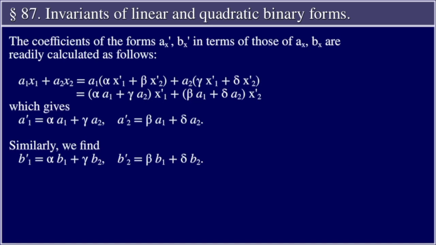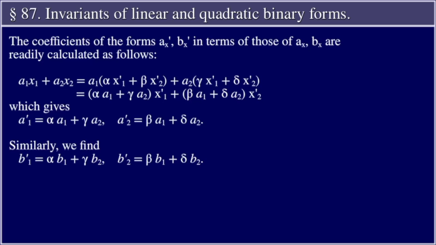The coefficients of the forms a sub x prime, b sub x prime, in terms of those of a sub x, b sub x, are readily calculated as follows. a1x1 plus a2x2 equals a1 times the quantity alpha x1 prime plus beta x2 prime plus a2 times the quantity gamma x1 prime plus delta x2 prime, which is equal to the quantity alpha a1 plus gamma a2 times x1 prime plus the quantity beta a1 plus delta a2 times x2 prime, which gives a1 prime equal alpha a1 plus gamma a2, a2 prime equals beta a1 plus delta a2.